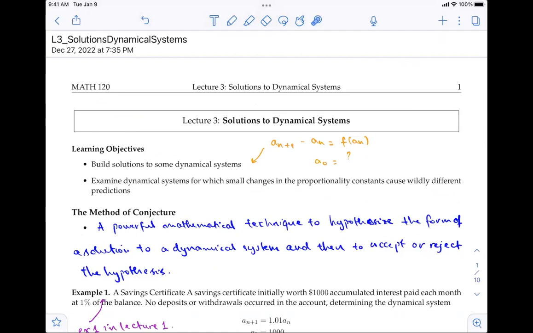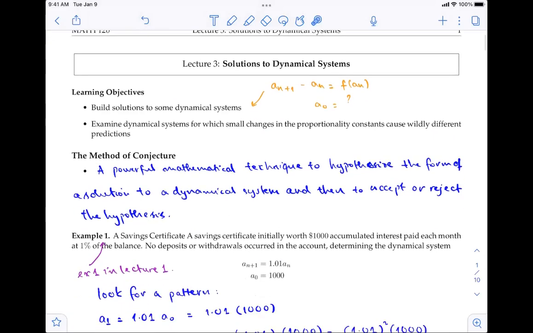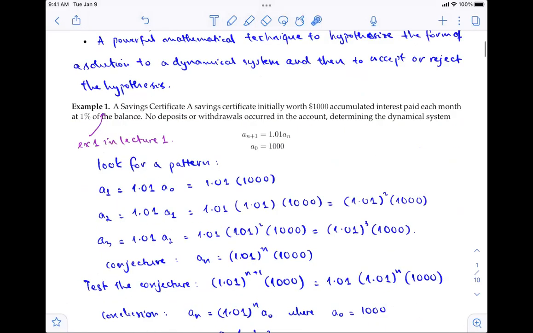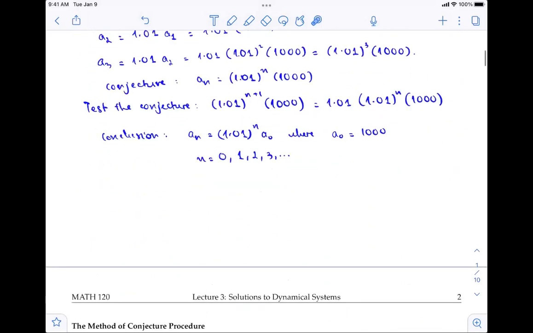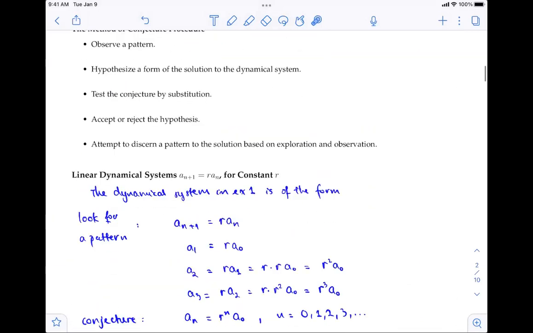We learned about the method of conjecture, and there are certain procedures you can follow: look for a pattern, provide the conjecture and test it, and then draw the conclusions. And the example given in this lecture relates back to discrete exponential growth and the combination of exponential functions and constant functions.